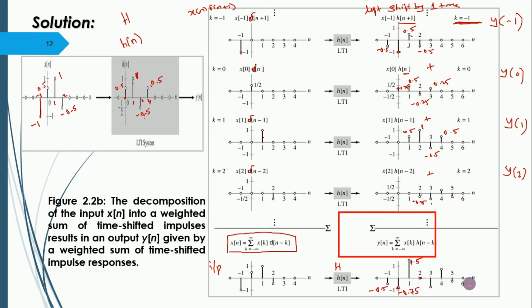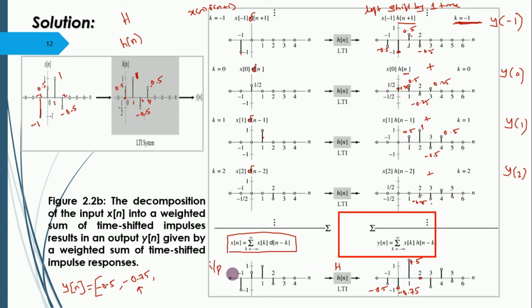Similarly, I am having the y of n. So y of n, if I want to write it in terms of a sequence for better understanding, I'll write it as: this is minus 0.5 at n equal to minus 1. When n is equal to 0, I am having minus 0.75. This is at n equal to 0.